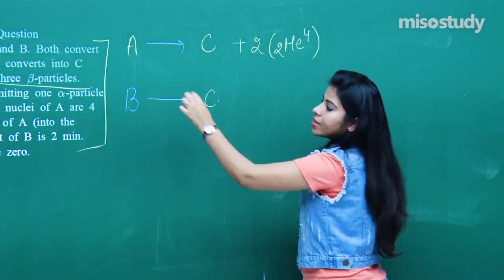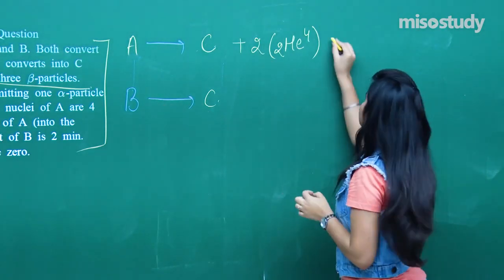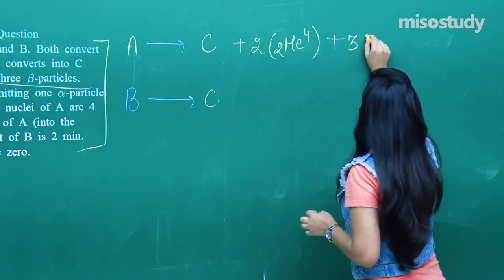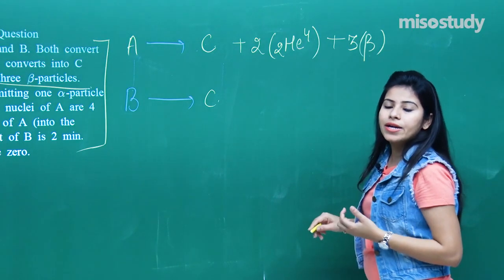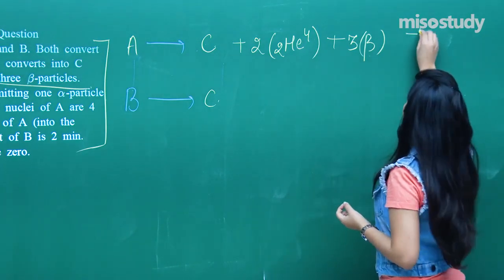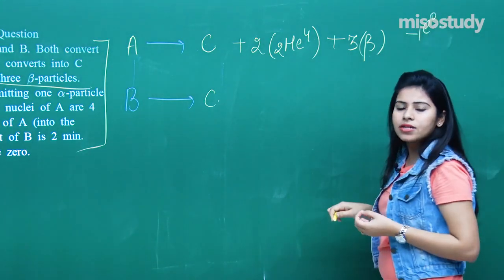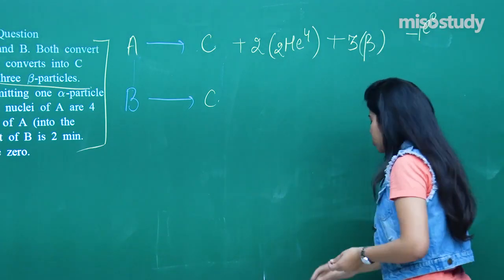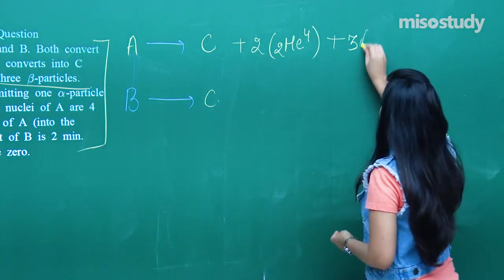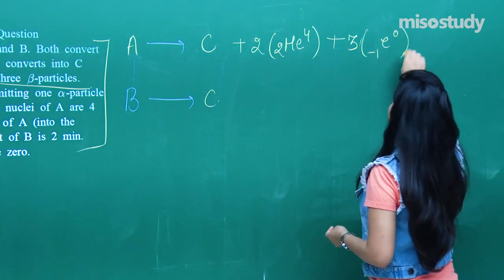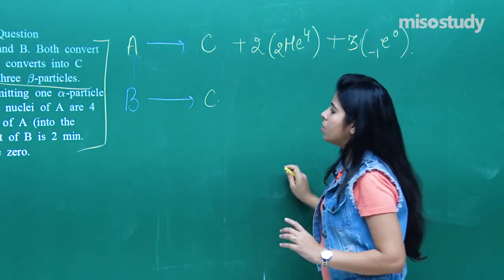And I can see 3 beta particles are coming out. So we can write here 3 beta. And you know that beta particle is also written in its symbol form, isn't it? So you can change it or you can write it as 3 times the symbol, this is only your wish.